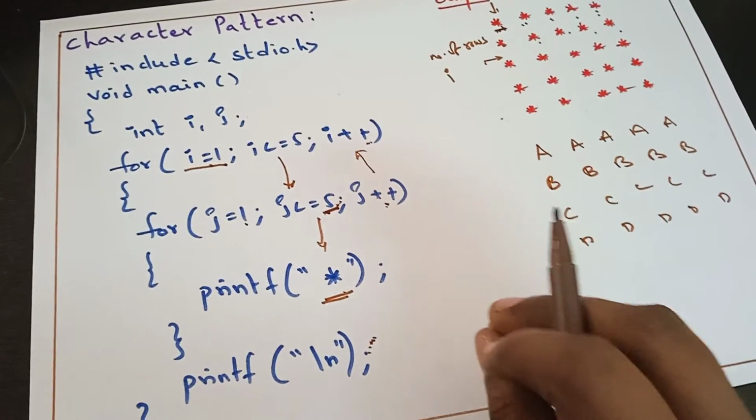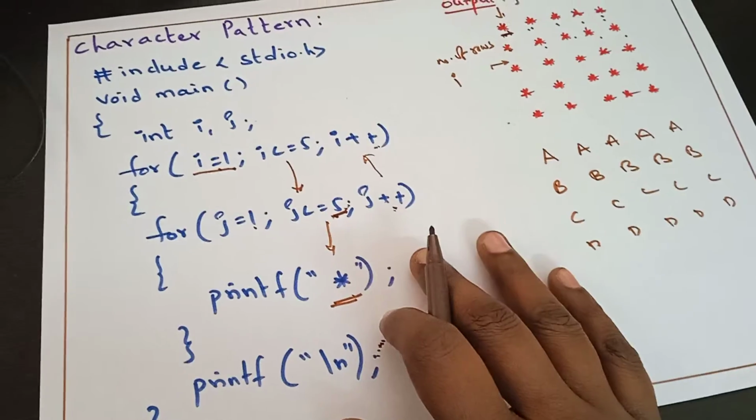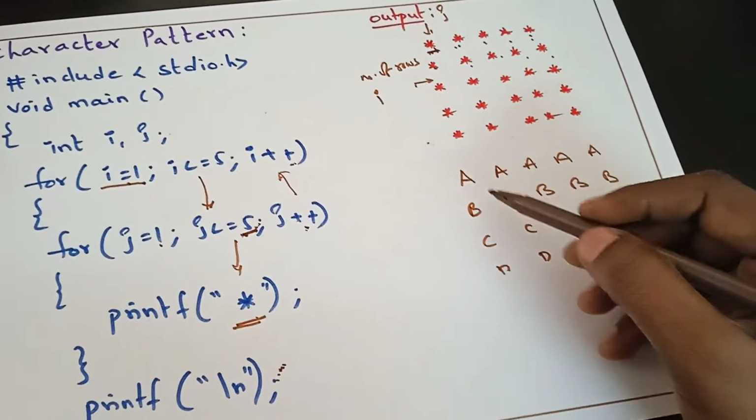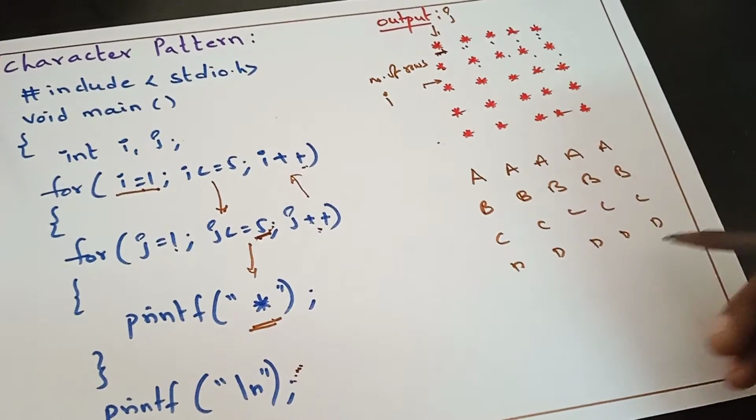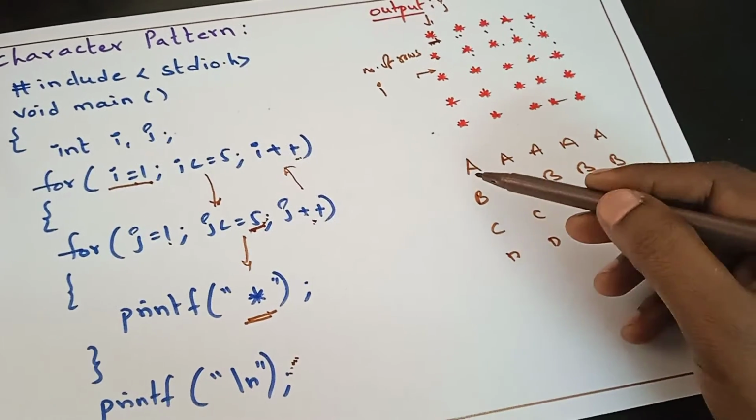So we have one small trick here. If you look at this, you have 4 rows and we have 5 columns.